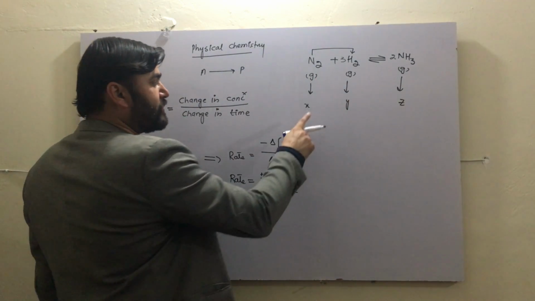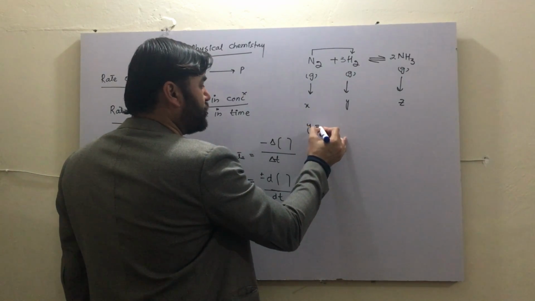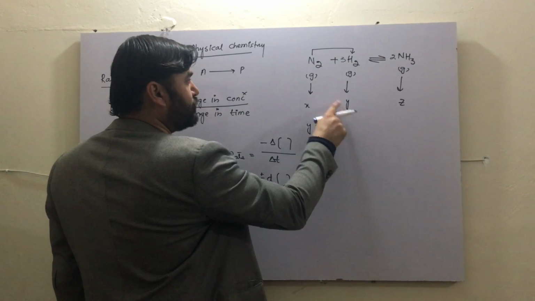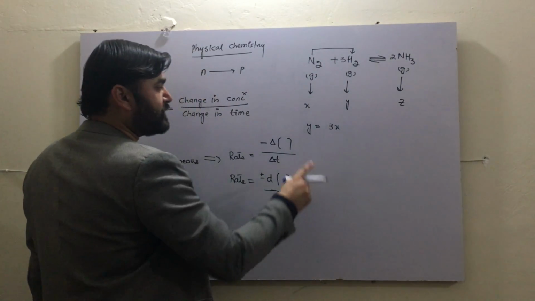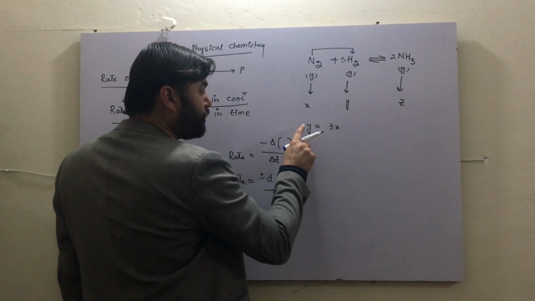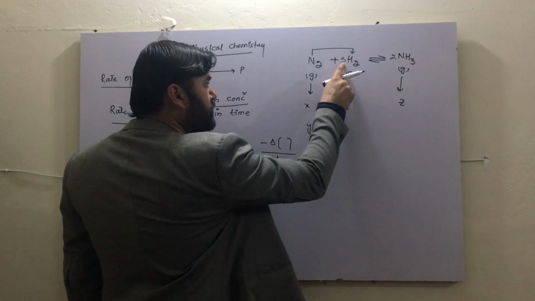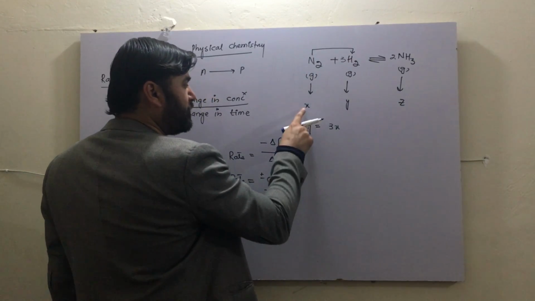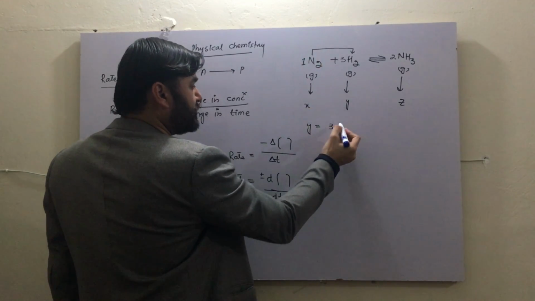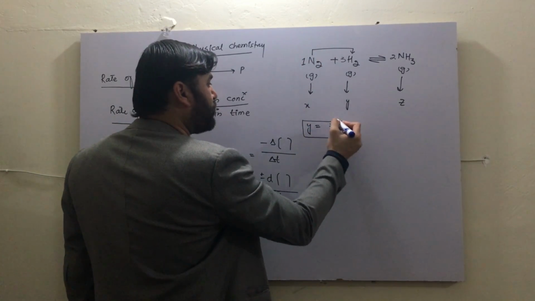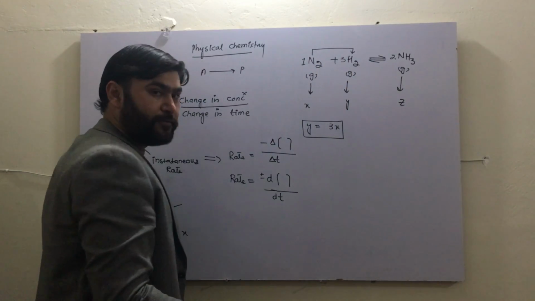If we compare X and Y, then Y is equal to 3x. Why 3x? Because hydrogen has coefficient 3 and nitrogen has 1. So the rate of disappearance of hydrogen is 3 times greater than the rate of disappearance of nitrogen.